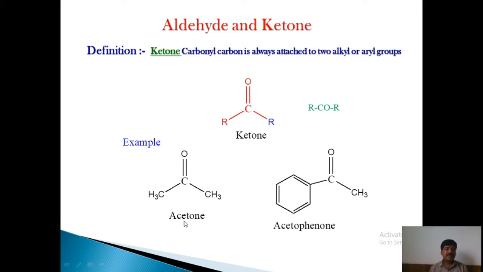This is the example of ketone. One is acetone and another is acetophenone. This is your aliphatic ketone. This is your aromatic ketone. So keep in mind, ketone means the carbonyl group is always attached to two alkyl or aryl groups.